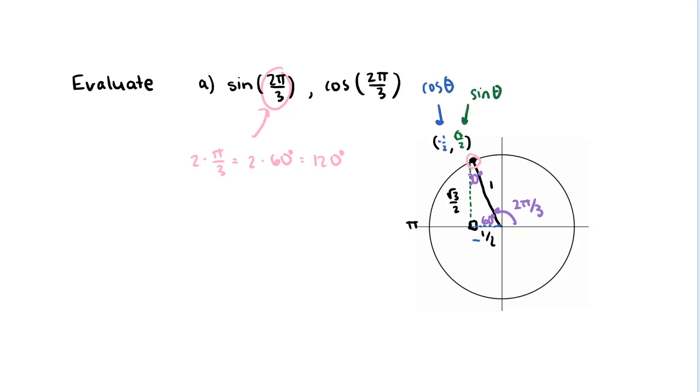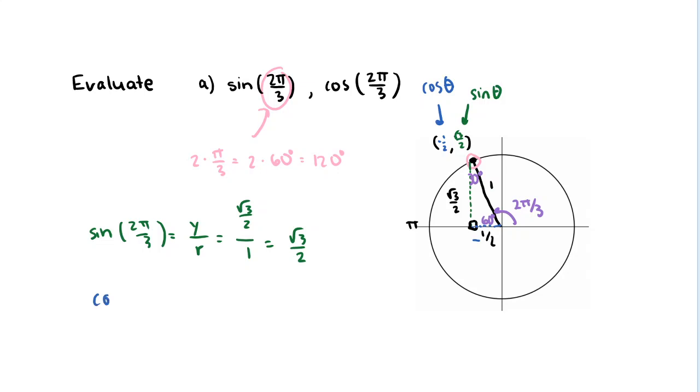But maybe just to rewrite this out, right? Sine of 2 pi over 3, this is equal to the y value of the point on the unit circle corresponding to an angle of 2 pi over 3 divided by the radius of our circle. And if we're dealing with the unit circle, then here we just have an r value of 1, a y value of the square root of 3 over 2, and so dividing that by 1 is just still the square root of 3 over 2, just the y value itself.